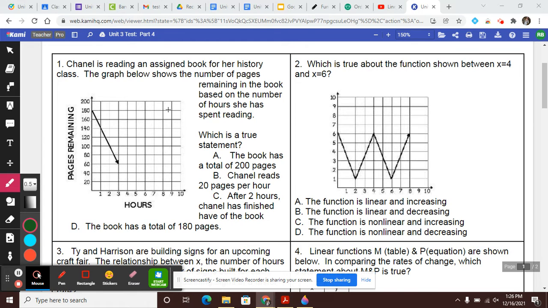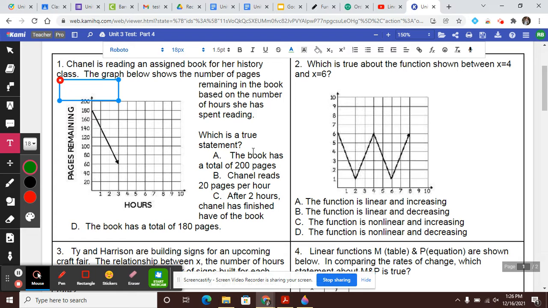So Chanel is reading an assigned book for her history class. The graph below shows the number of pages remaining in the book based on the number of hours she spent reading. If she's not read any hours, she's got 180. I'm going to do the equation just like I would any other time. We're going to figure out her slope, and we did this yesterday, and figure out her y-intercept and write an equation.